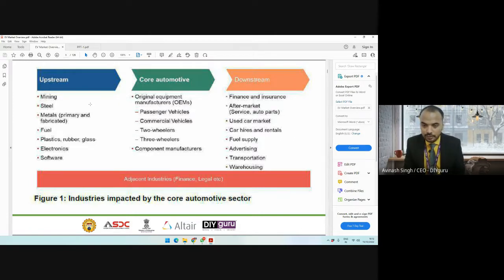Apart from that, legal matters, when it comes to your RTO, your transportation related issues, registration, everything comes under this vertical. So in 2020 and 21, the automotive industry was at a very low stage, where sales of automotive were declining very rapidly.